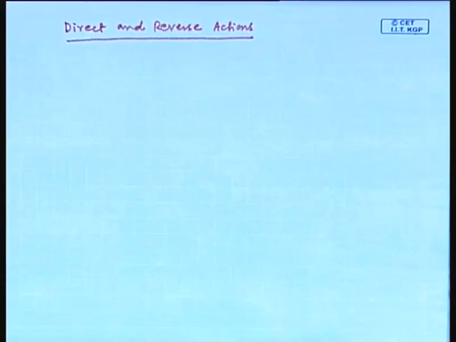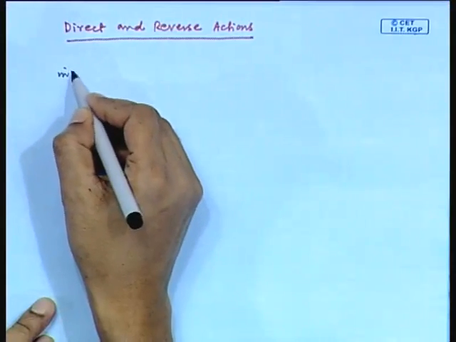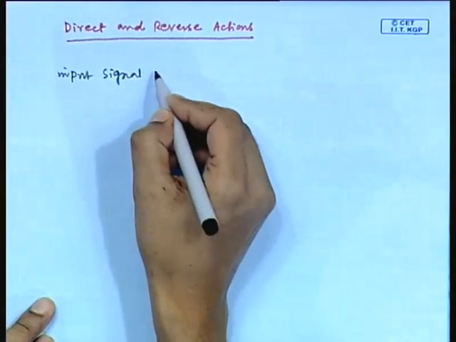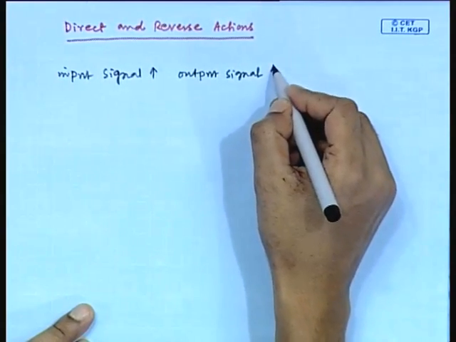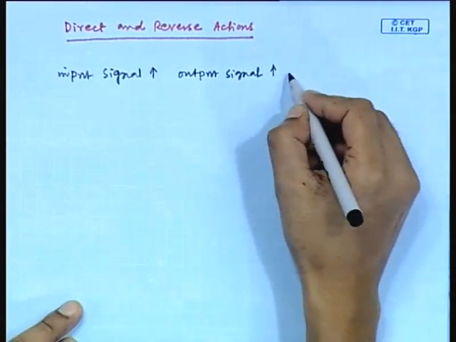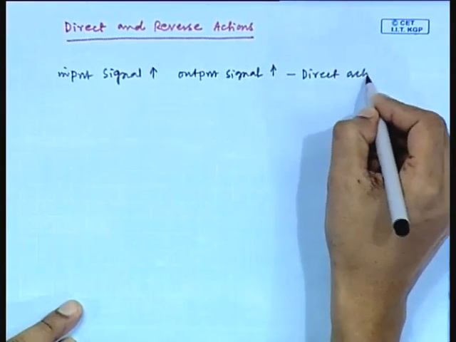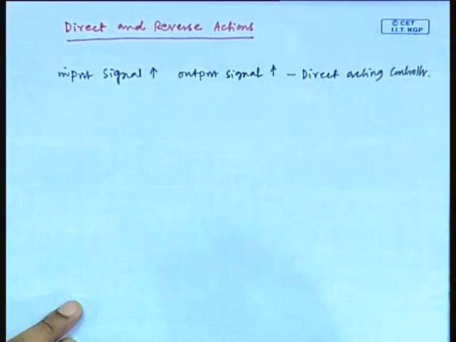So, as the input signal to the controller increases, the output signal from the controller must increase for direct acting controller. You note down this point.